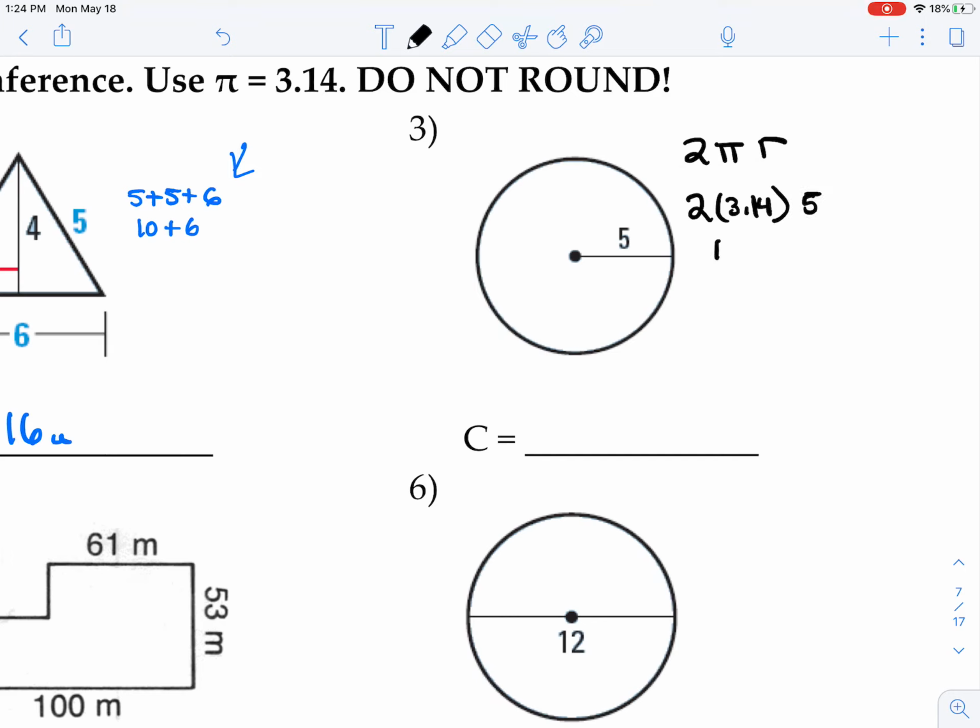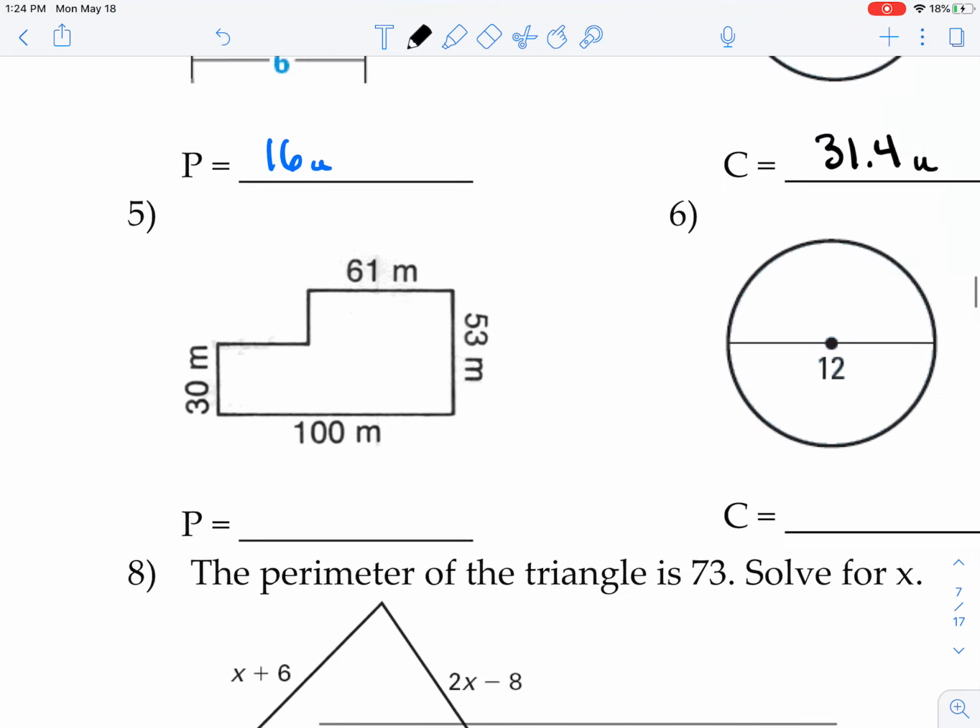So 2 times 5 is 10. 10 times 3.14 is going to be 31.4. So 31.4 units is our circumference. That's the distance around this circle.